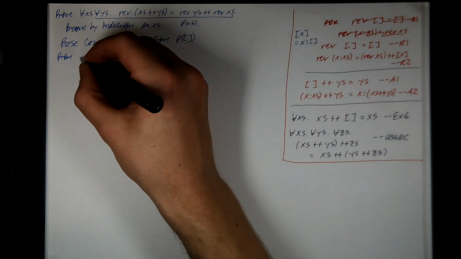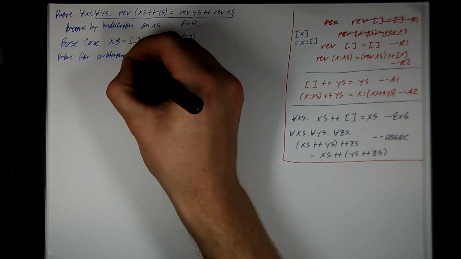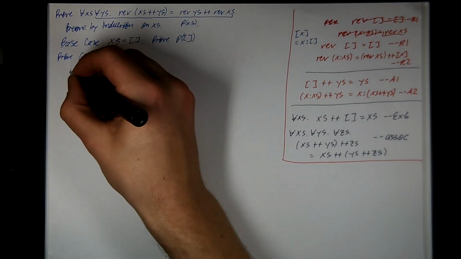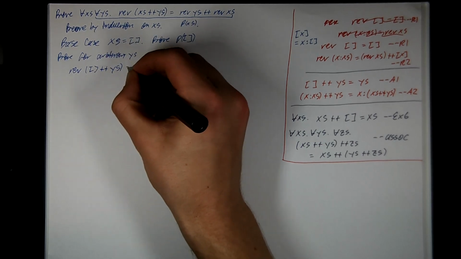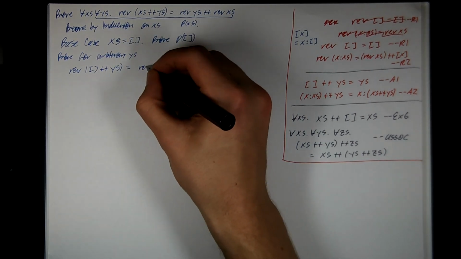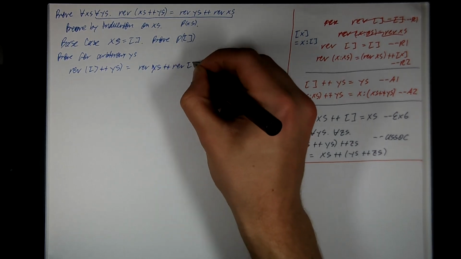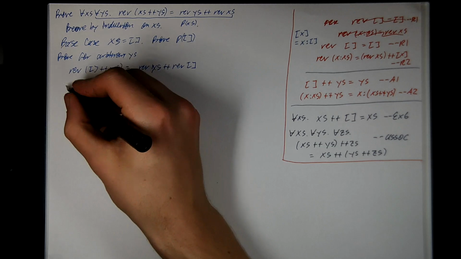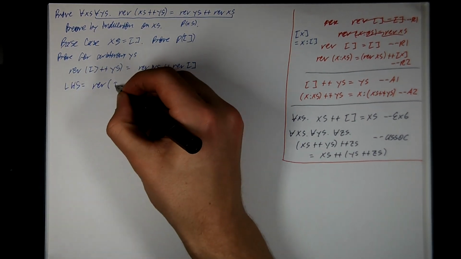So for arbitrary ys, we want to prove rev of empty concat ys equals rev of ys concat rev of empty. We'll start on the left hand side, which is rev of empty concat ys.